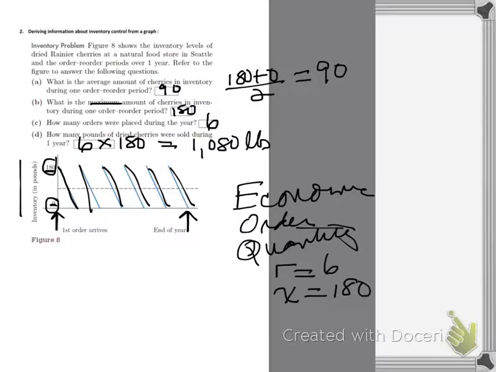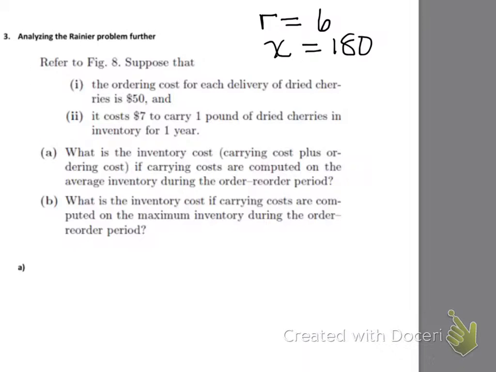So given that, what will we do in terms of our costs? That's the problem on the next page. Alright, up in the corner here I put our economic order quantity that was identified from the table on the previous page. So this is EOQ, if you want to abbreviate it, economic order quantity.